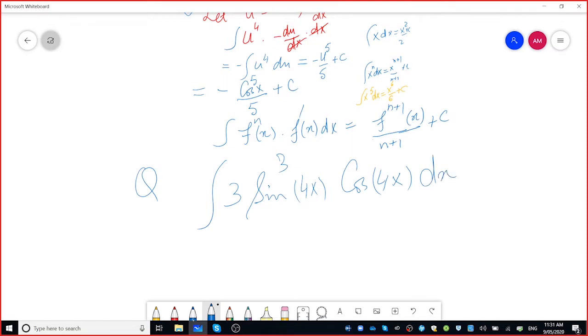Now you should attempt it. What do you think f(x) is here? f(x) is 3 sine 4x. Is it 3? Oh, it's sine to the power of 3. Yeah, that's the power and this is 3. Okay.